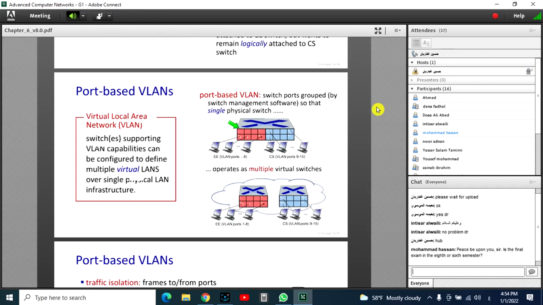So I have a single switch, but its ports are divided between different VLANs. It's similar to using two separated switches.